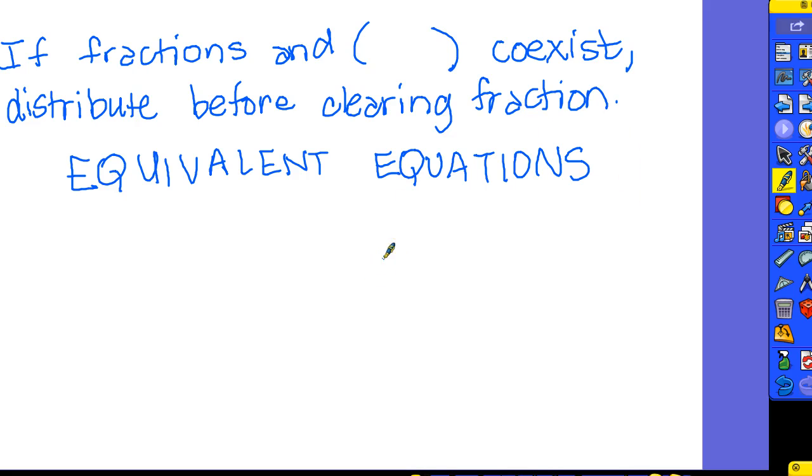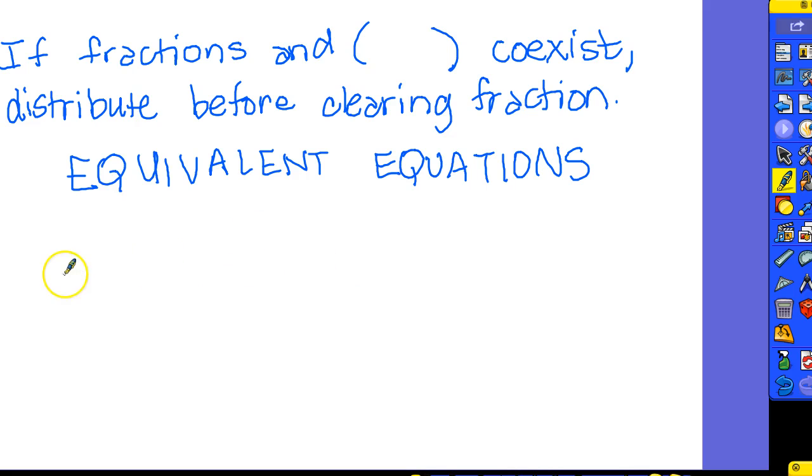It's really a powerful thing to realize that you can take an equation that you don't want to look at and you don't want to work with and change it to an equivalent equation that's in a much nicer format, or made up of nicer numbers.